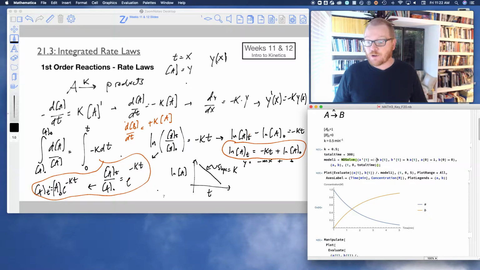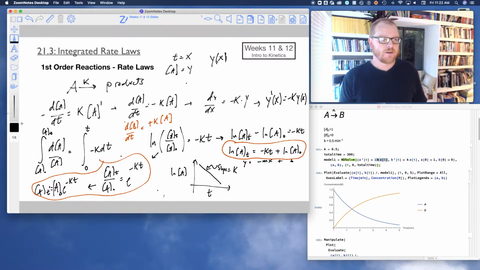Now you notice here, it's just negative k times A of t. So here I just wrote a bracket, but I'll write it in the same way I wrote my Mathematica: A prime of t equals negative k times A of t.